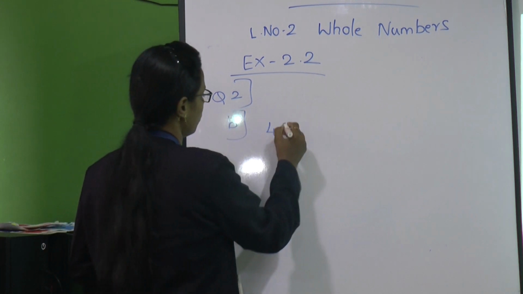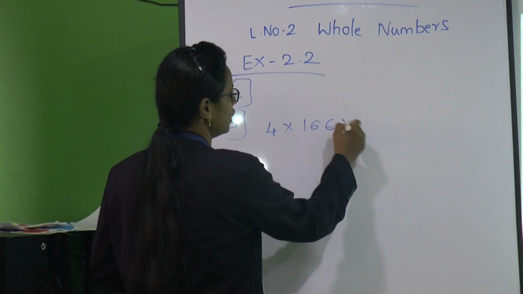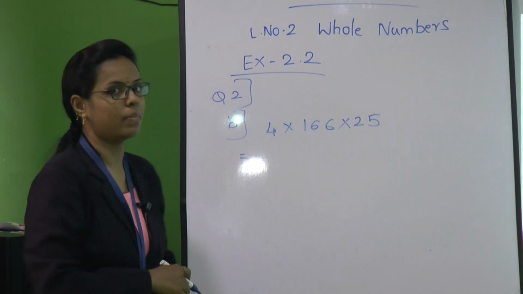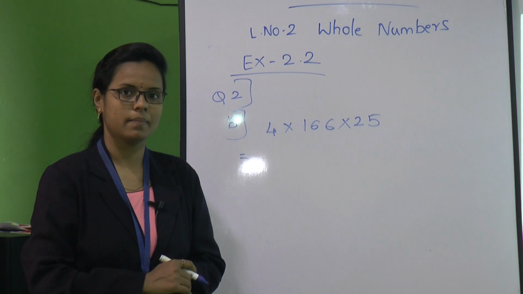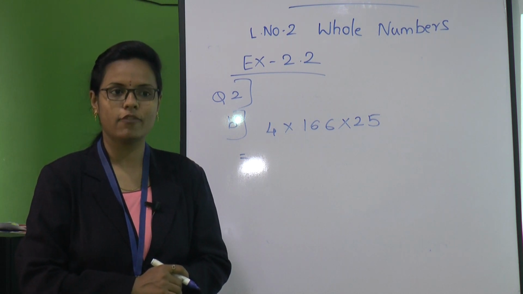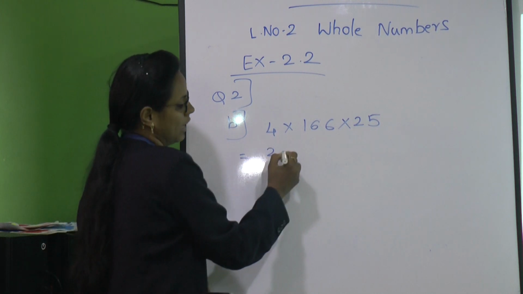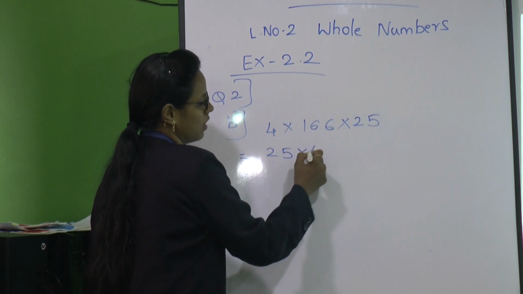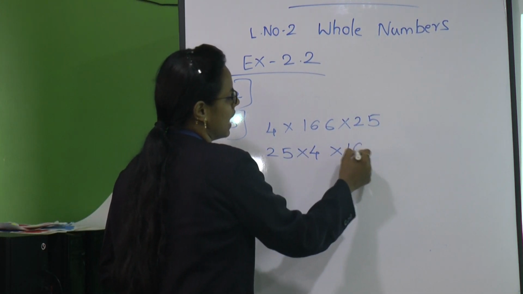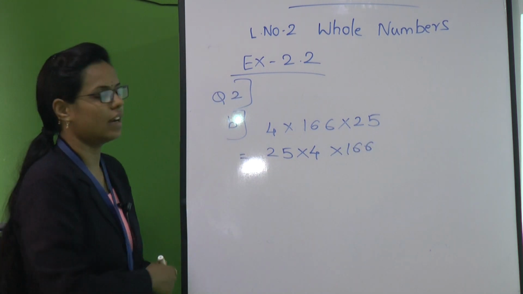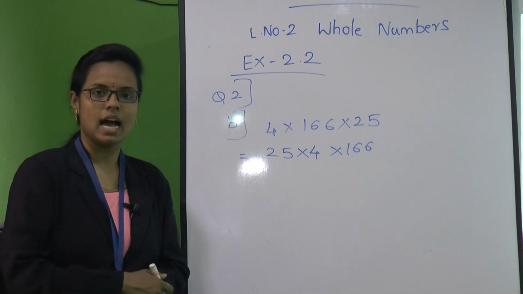B1, 4 into 25 into 166. Now tell me, in this example, which numbers will you rearrange? Okay, 25 into 4, very good. Why is it so? Again 25 into 4? Because its answer is 100, exactly right, and 100 multiplied by 166, we get the answer.